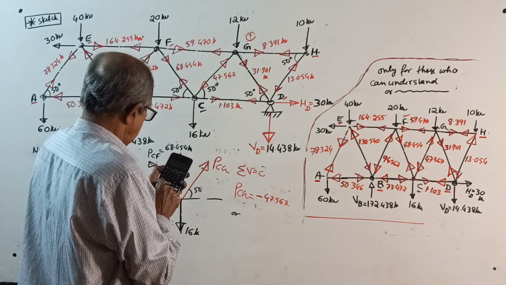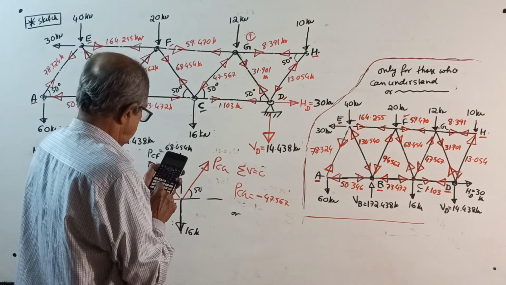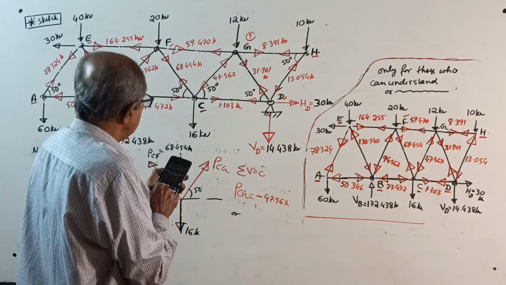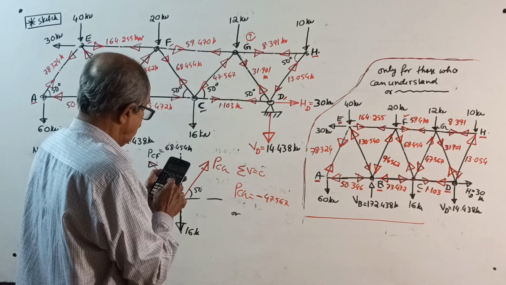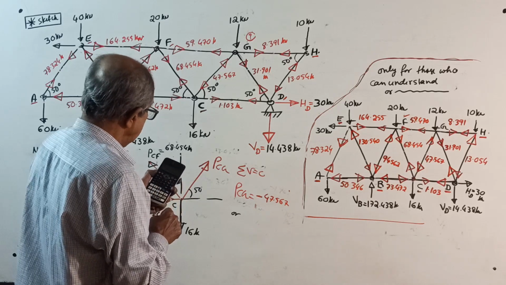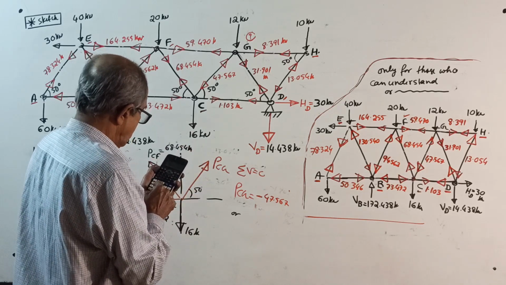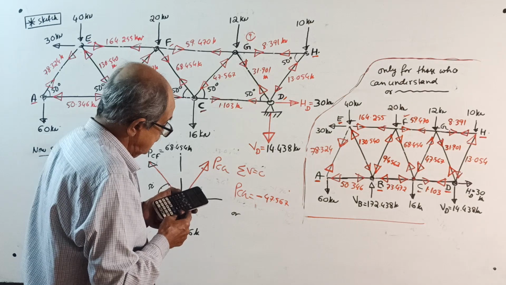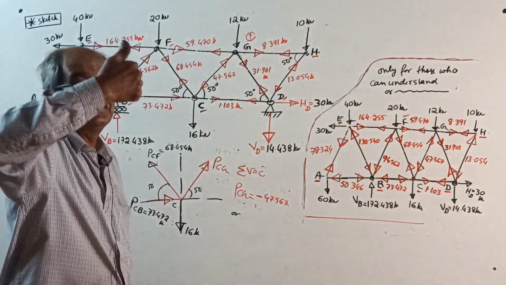47.567 into sin 50 minus 31.901 into sin 50. Answer is then minus 12. It will give you 0.0008. Oh, yes, correct.